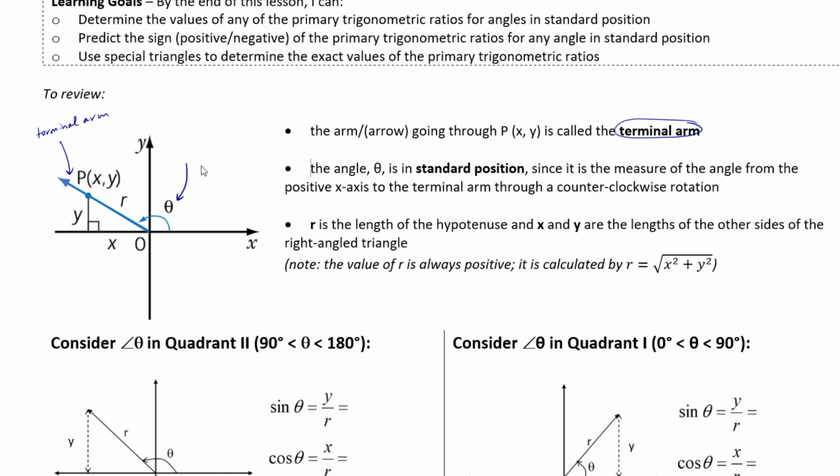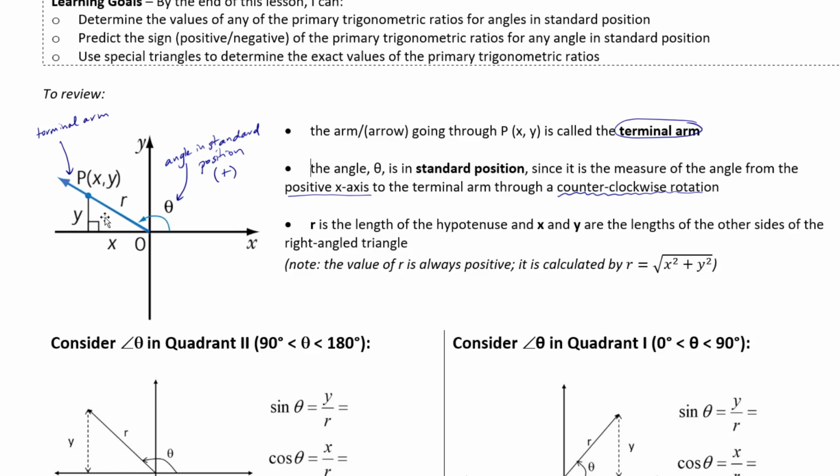So that right there is called the angle in standard position. Note again, this is counterclockwise rotation from the positive x-axis. And this angle, if it's in standard position, is always positive.